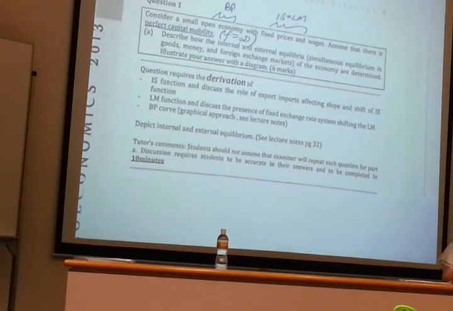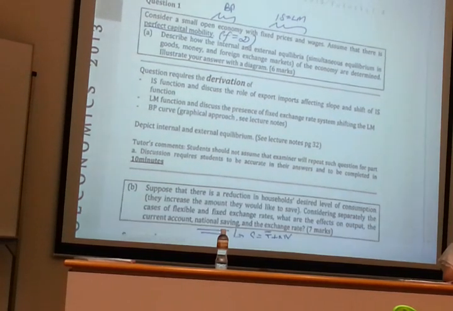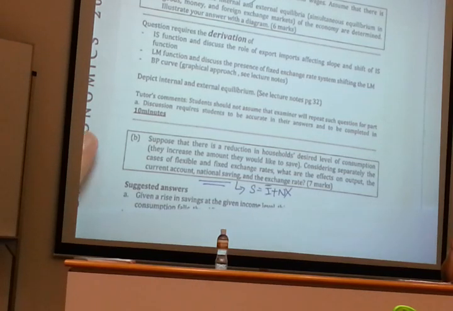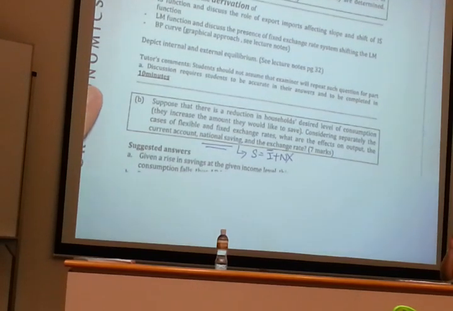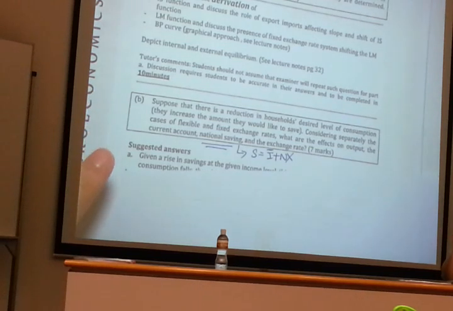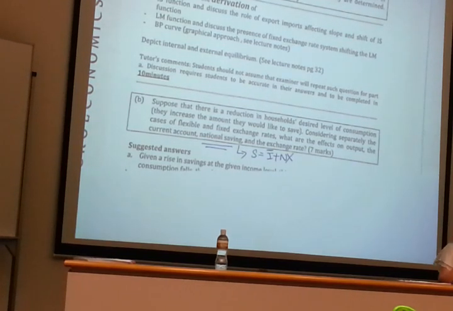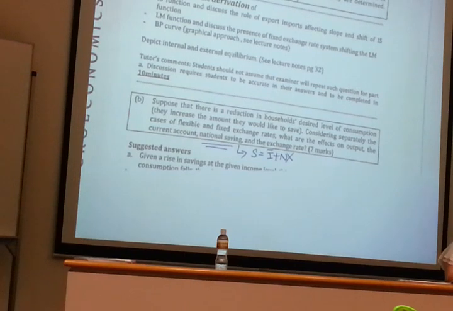Part B, I'm not going through the answer, but just to show you the question. It's very manageable. It's always Shift IS or Shift LM. So the question says, there was a reduction in household desired level of consumption because they like to save. So you have to think carefully, consumption drops, and that consumption is your C0.